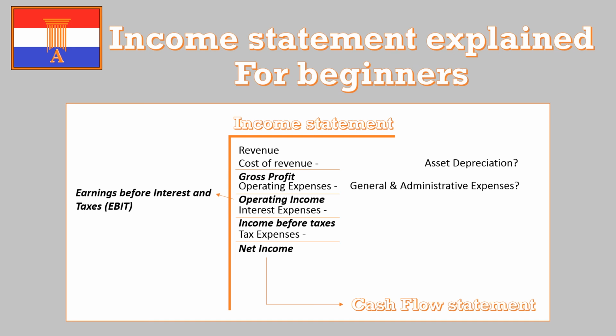And I'll be making another video about the income statement in the future, and then we'll be looking at actual companies, and we're going to look at the risks involved in the income statements and the traps and the things that you need to be aware of, like asset depreciation and G&A, the general and administrative expenses. Those are the traps basically that I've just been going through.